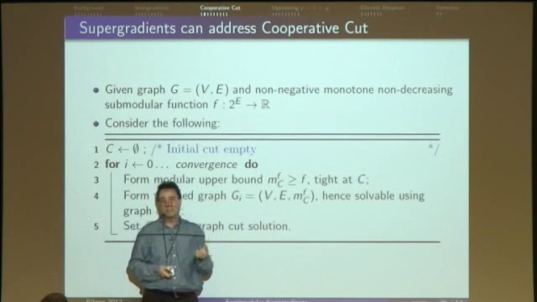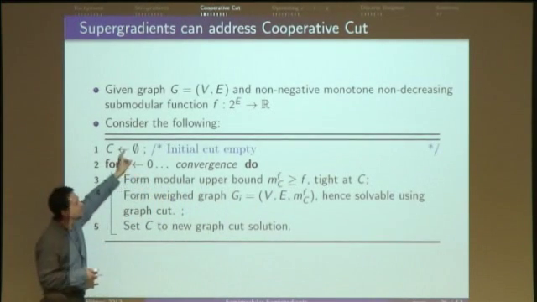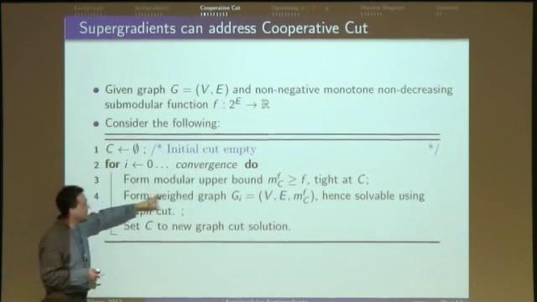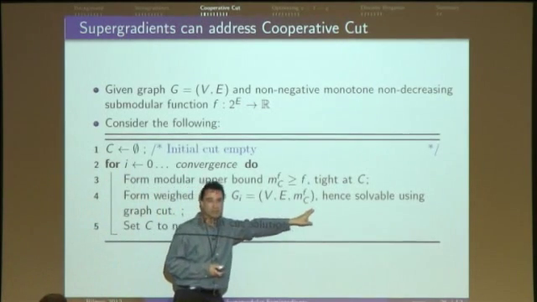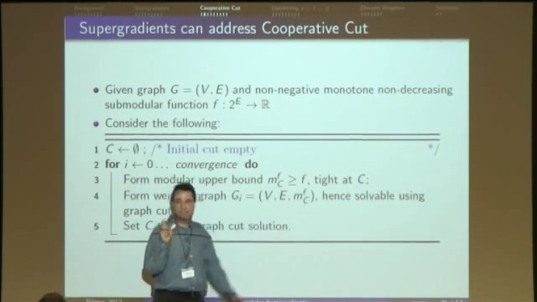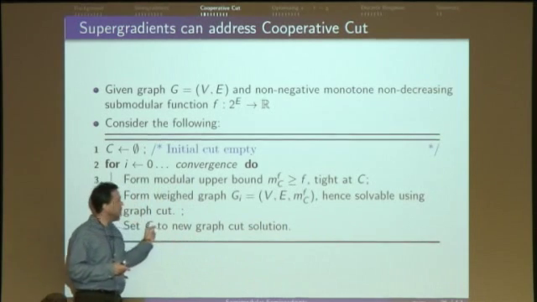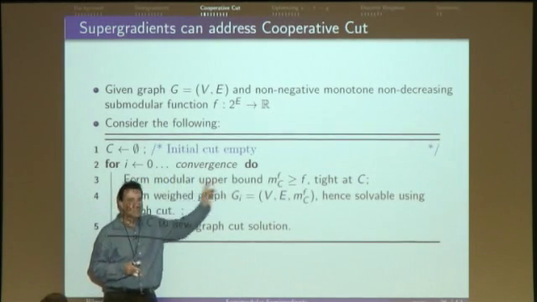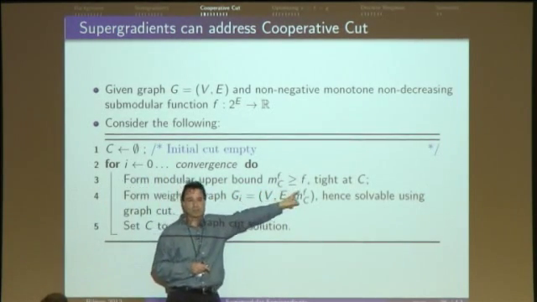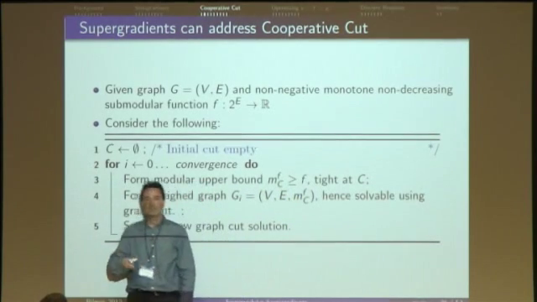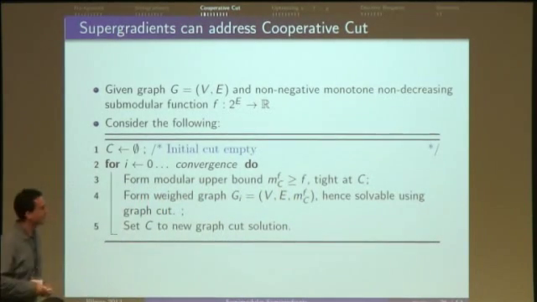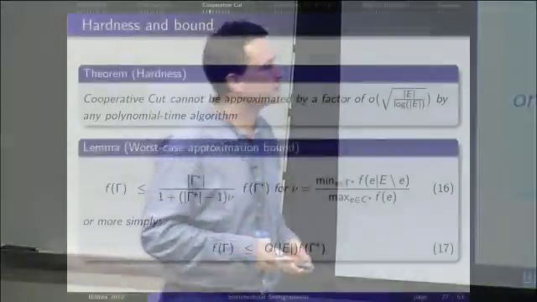And if the function is non-negative, monotone non-decreasing, then we get a standard graph cut problem. We solve the standard graph cut problem and get a cut. That then becomes the tight point for the next modular upper bound, and we just repeat this process. And as I said, it's very, very fast. And if you have fast graph cut solvers, you don't even have to write the code for the fast graph cut solver.